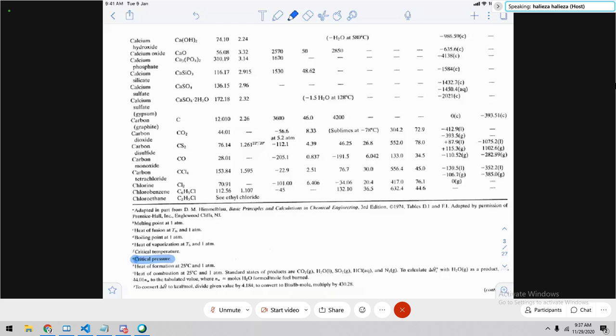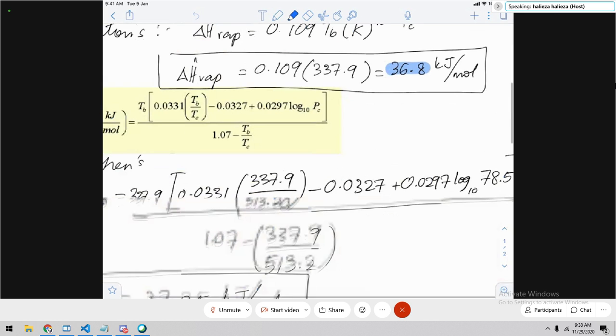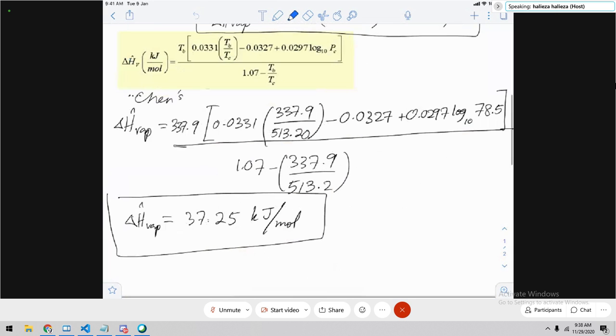Somehow there's no calculation, but there's a statement below the solution: the Chen equation yields a value of 37.2. So let's go back to our example. We got 37.2, the same as the solution in the textbook. The textbook did not calculate it. It just gives a statement that the Chen equation yields 37.2 kilojoules per mole.